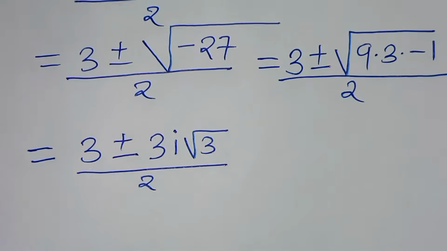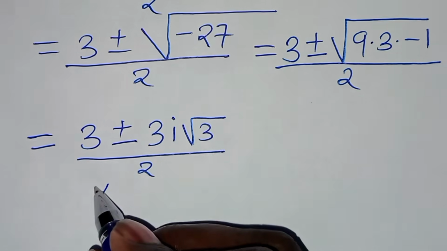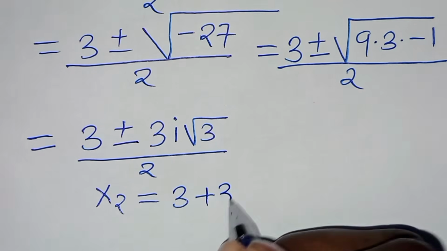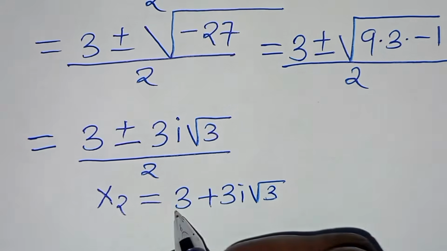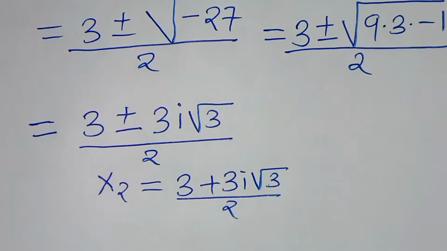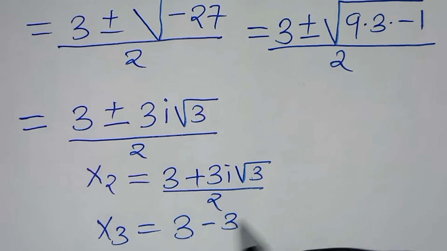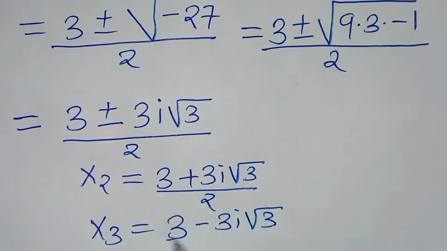So this implies that we have x2 is equal to 3 plus 3i square root of 3 divided by 2. And we have that x3 is equal to 3 minus 3i square root of 3 divided by 2.